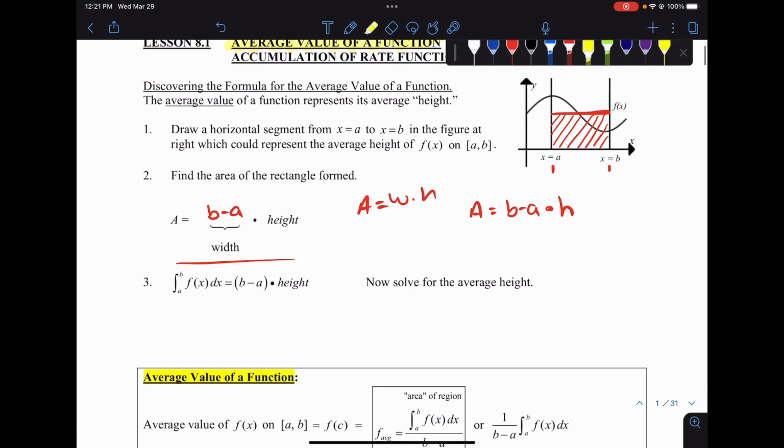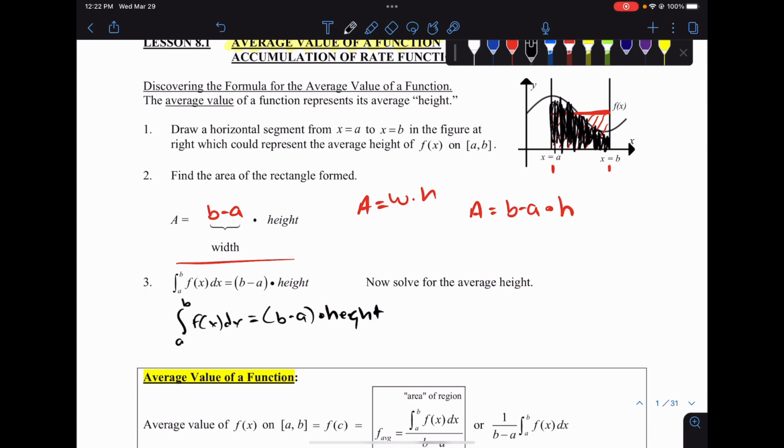And the next step to come up with the average value equation is they said that the integral from a to b of f of x dx is equal to b minus a multiplied by the height. So remember, the integral from a to b of that function is going to help me find the area under the curve, like this black part that I'm highlighting.